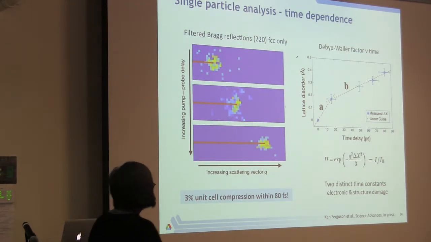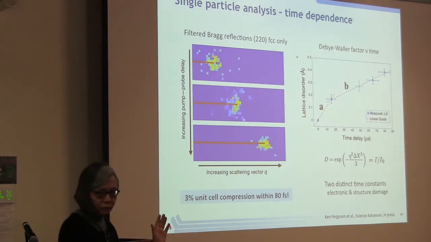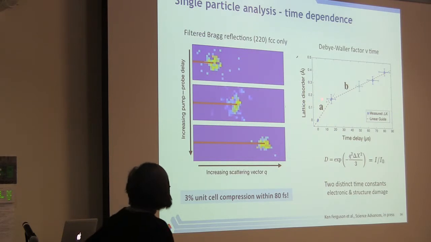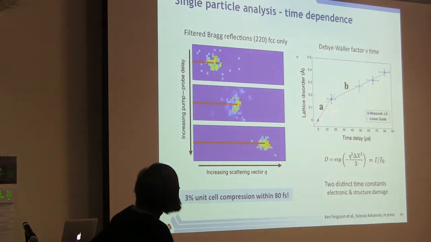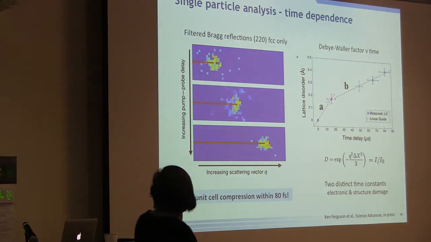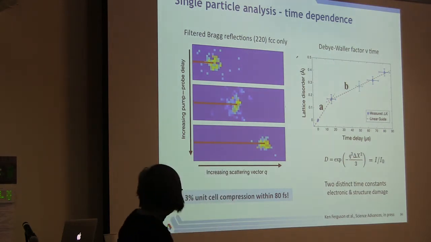And then you can also take a look at the intensities as a function of time. And that's given by this so-called Debye-Waller factor here. And that's what's plotted here. And you can see at time zero, it's what it is. And then eventually, at these different time delays between 10 and 80 femtoseconds, you can see that it's getting more disordered.